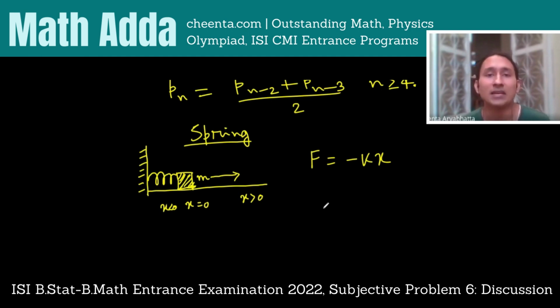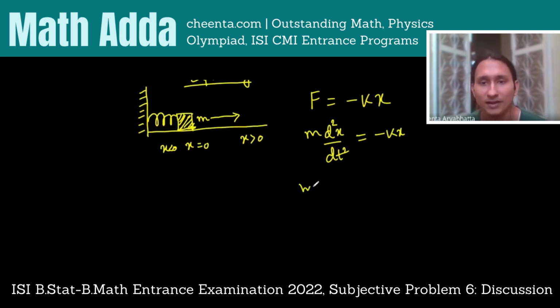Now Newton's law tells us that F is equal to m times acceleration, which means m d2x/dt2 is equal to minus kx.